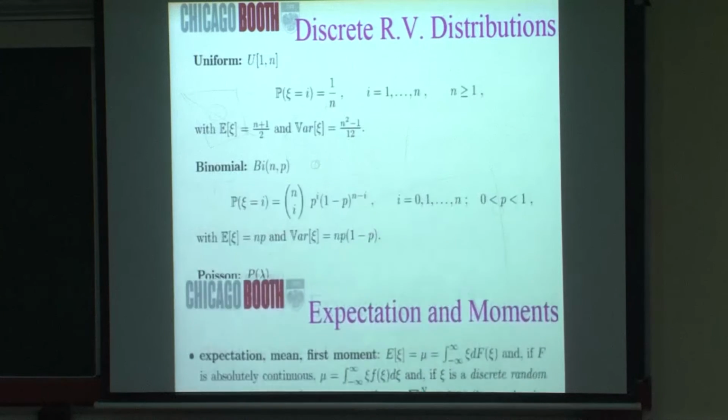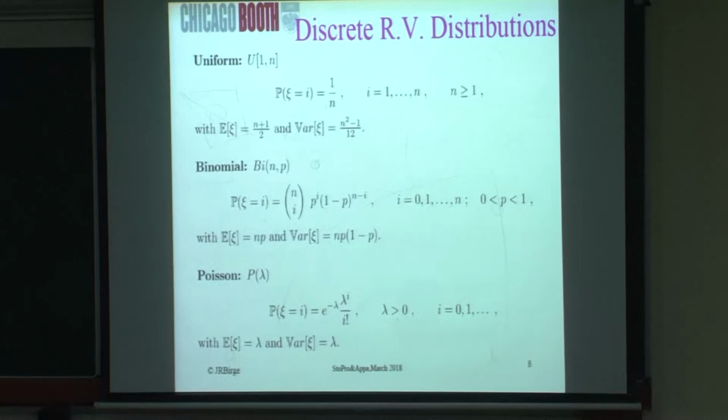Okay. All right. So here are some comments on things that come up and that we use in a lot of different examples. Obviously the uniform distribution from 1 to n, with probability 1 over n.